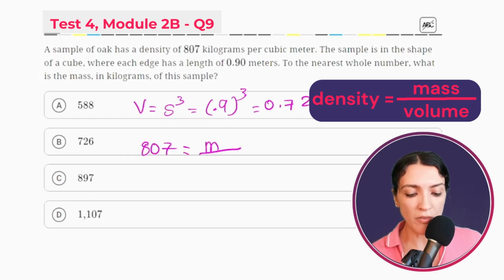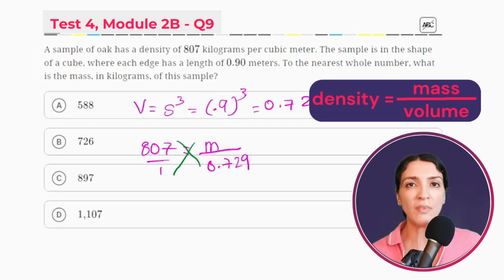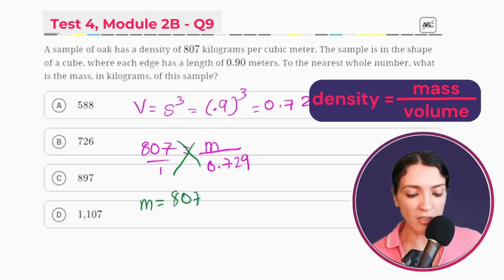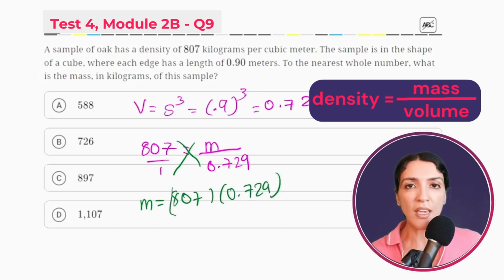Mass is unknown, but volume is 0.729. Of course, we're going to use cross multiplication, which we've used a lot in this video, to find mass to be 807 times 0.729, which would give us choice A, 588.